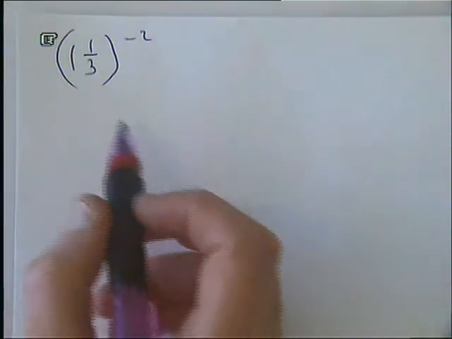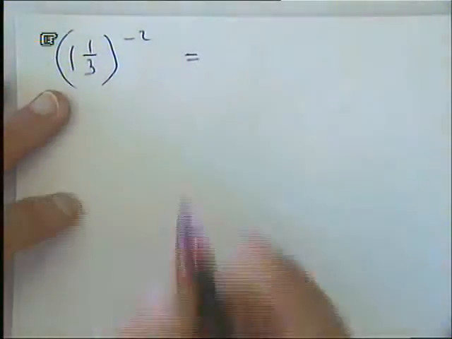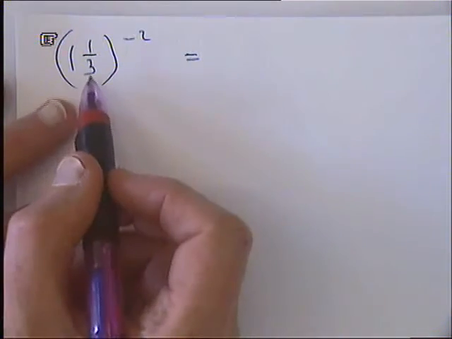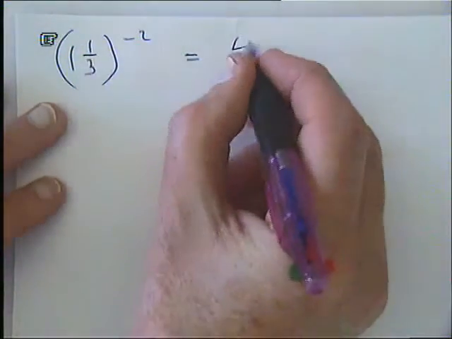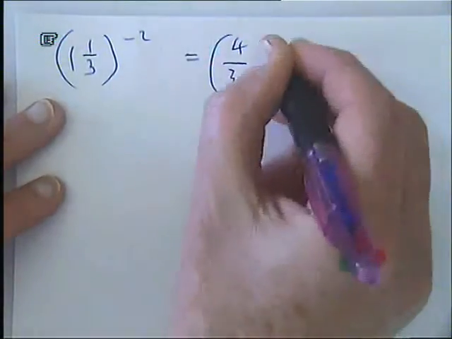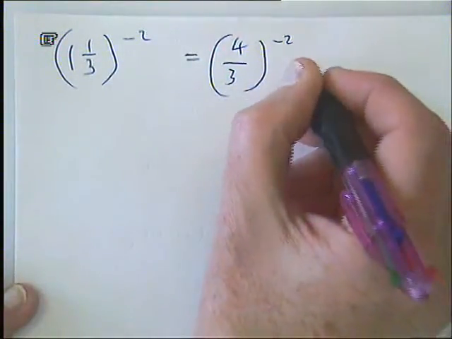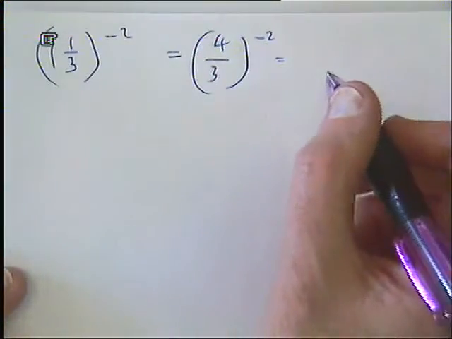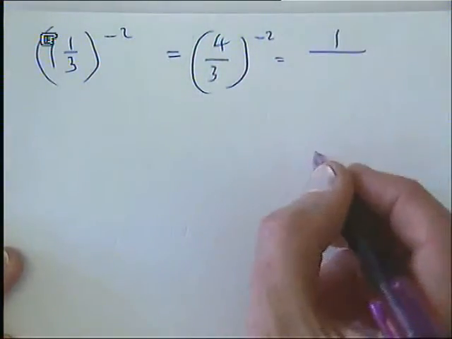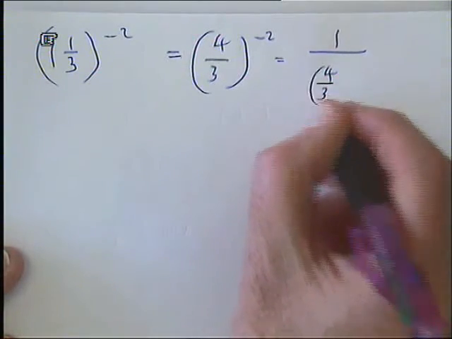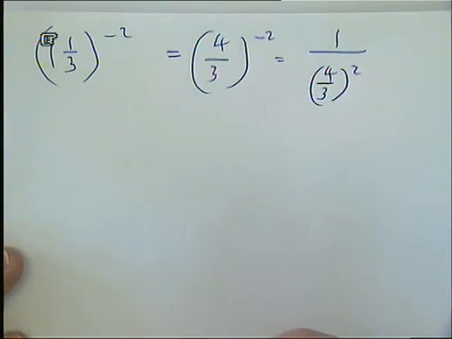Okay, if you've got a mixed fraction like this, change it into a top-heavy fraction. So 3 times 1 is 3, plus 1 is 4. So it's 4/3 to the minus 2. Then just do what we have done before. First thing I suggest you do is replace the minus power there with a 1 over and just rewrite the question without the minus power.